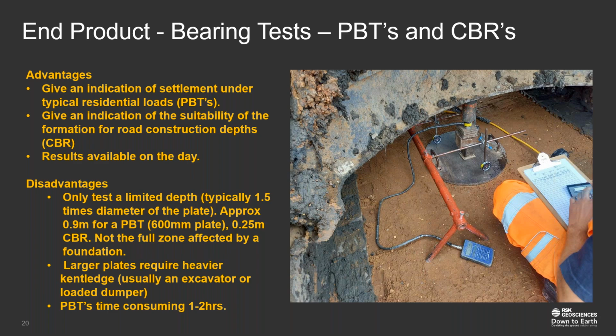So you need to allow for that within your design and your specification. You're going to be testing at 0.75 or at most 1 meter intervals with the plate bearing tests. CBRs, again, are really not much use because they're so small. They're only really giving you an indication of the immediate layer beneath the test.